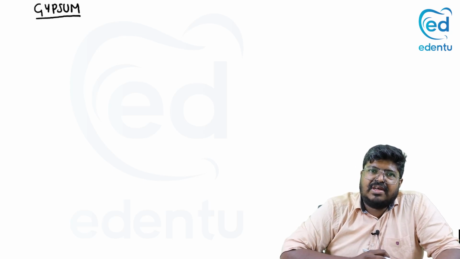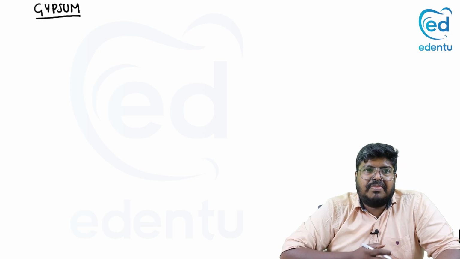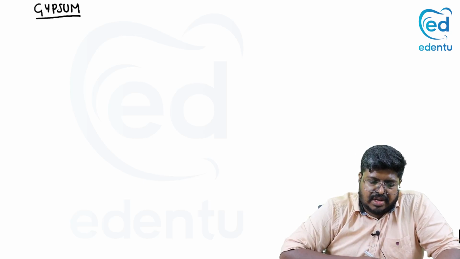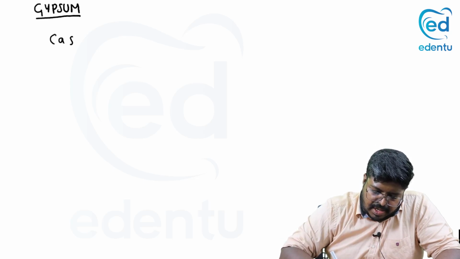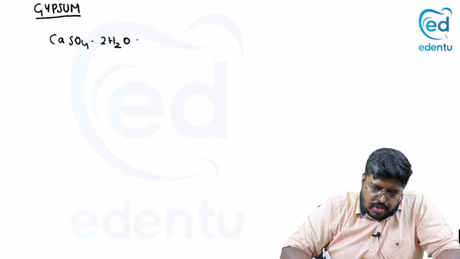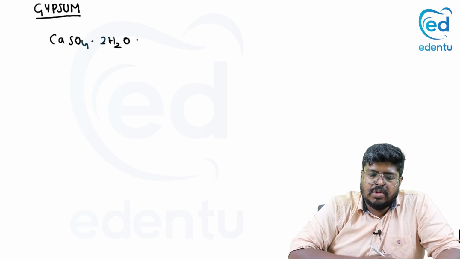Gypsum was basically discovered in the city of Paris. That is the most logical explanation why a type of gypsum product is called plaster of Paris, right? See, basically, the mineral gypsum can be given by the chemical formula CaSO4 2H2O.